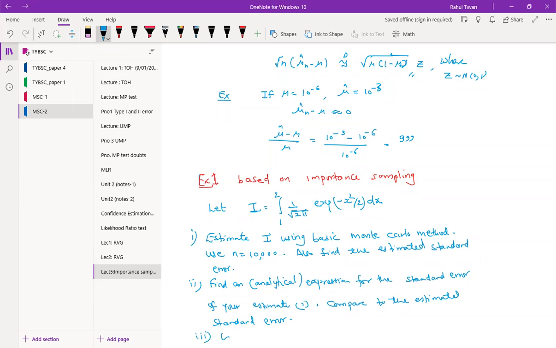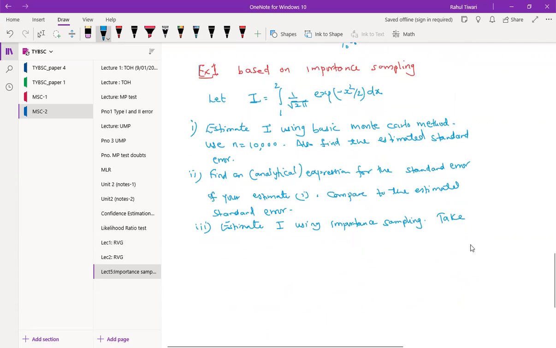And third one, estimate I using importance sampling, and take here... So now here we are defining this importance sampling. What would be the Q you're considering?